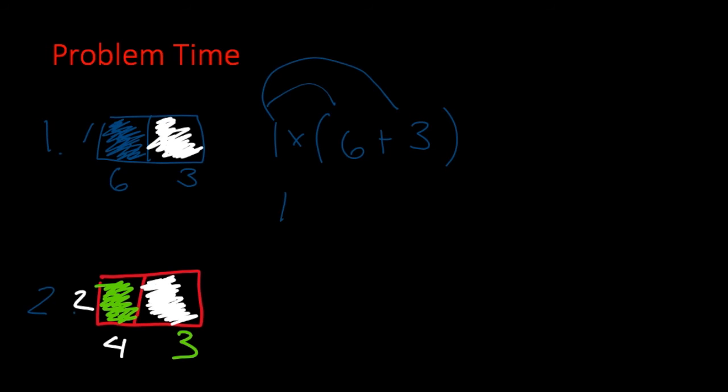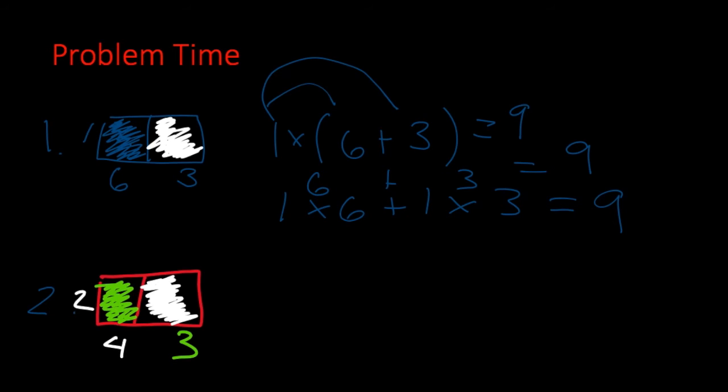So 1 times 6 plus 1 times 3 equals the total. 1 times 6 equals 6, 1 times 3 equals 3, and we're adding 6 plus 3 equals 9. So the answer for this array would equal 9.